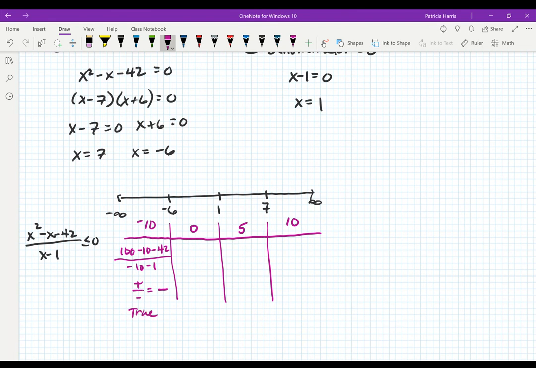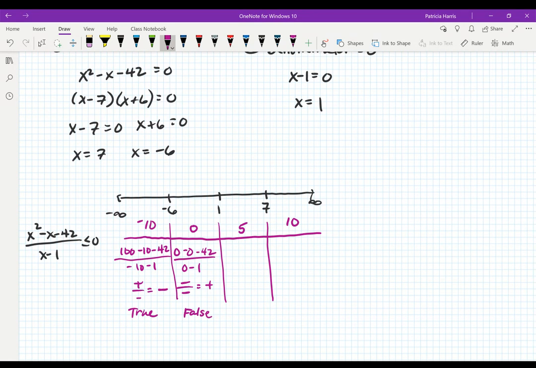Okay, if I plug in a 0, I get a negative divided by a negative, which is a positive. Positive numbers are not less than or equal to 0, so this is false.